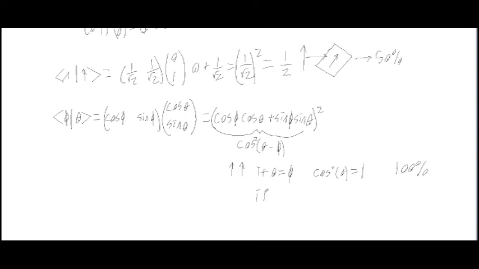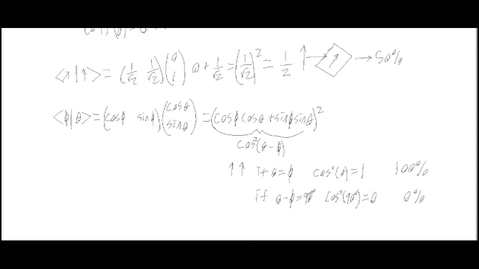And if we say that theta minus phi is equal to 90 degrees, well, then cosine squared of 90 degrees is equal to 0, so that is 0%.